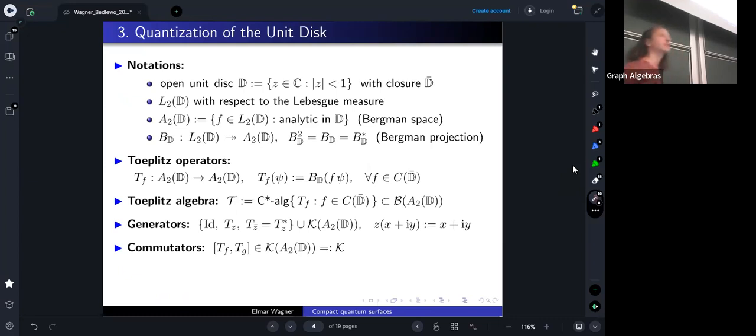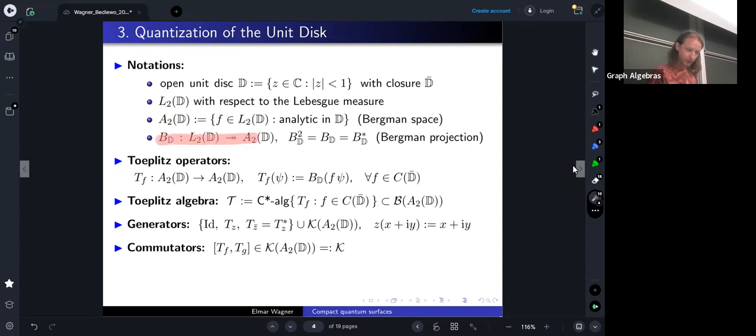representation of the Toeplitz algebra, where we automatically see that it's a quantization of the continuous functions on a disk. So it goes directly to the Toeplitz operators. We take L2 with the Lebesgue measure, then the square-integrable analytic functions are a closed subspace.